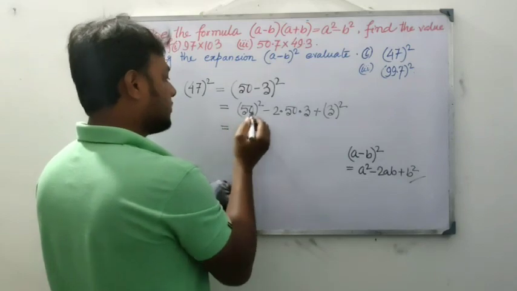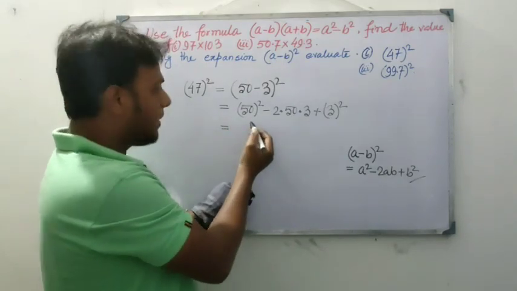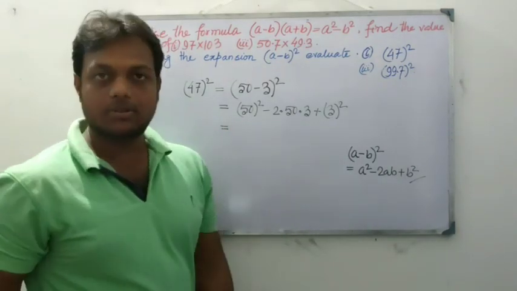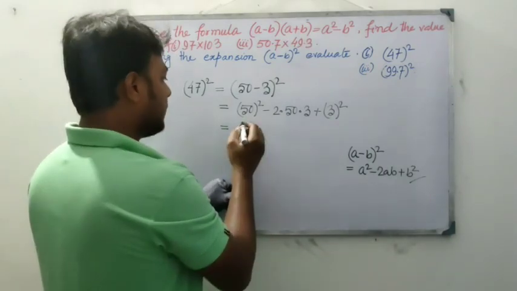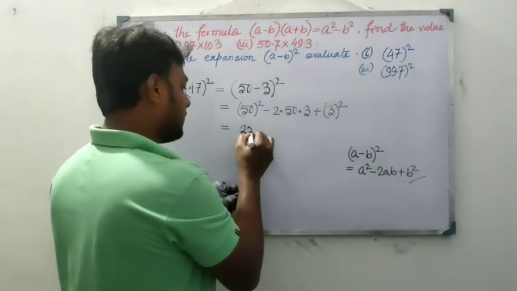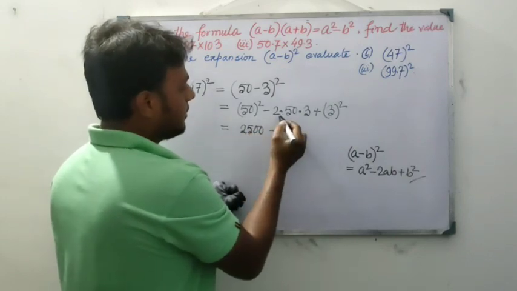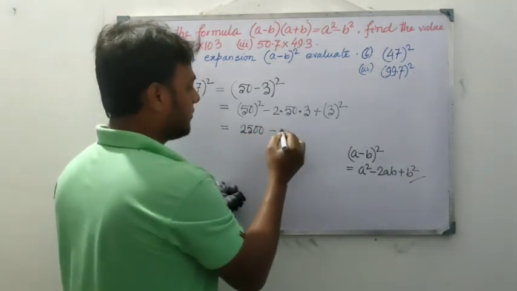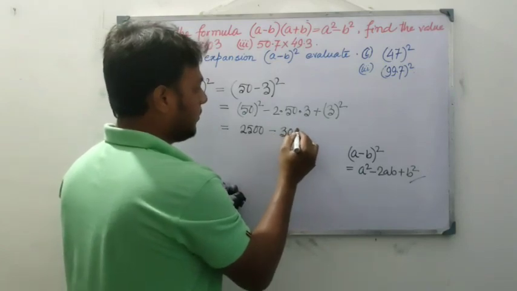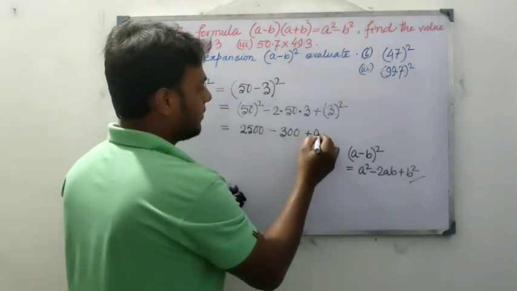Now simplify. 50 square means 5 square is 25, and for the 0s we add two zeros, so 2500. Minus 3 times 2 is 6, 6 into 5 is 30, and one more 0, so 300, plus 9.